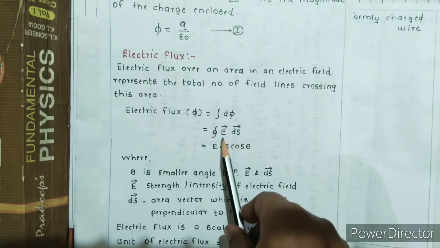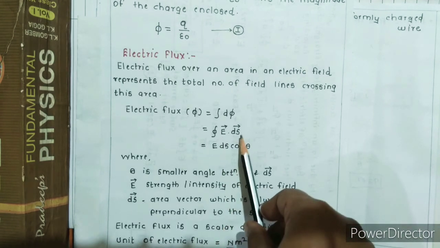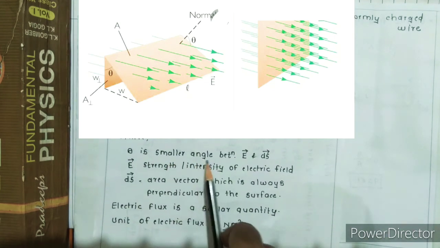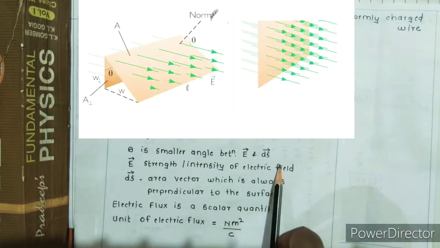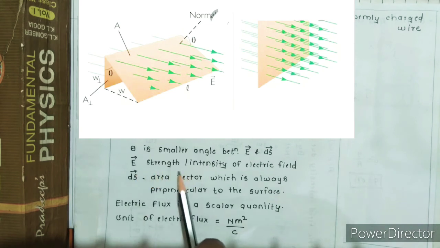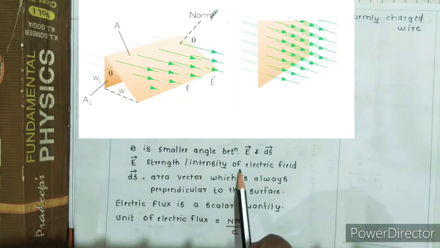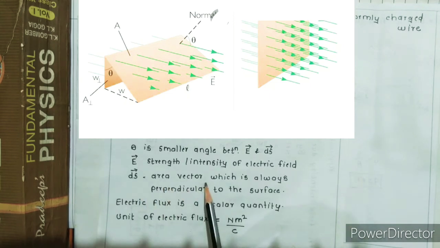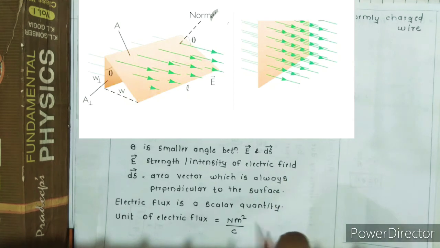That means the dot product of vector E and vector ds, where theta is the smaller angle between vector E and ds. Vector E is the strength or intensity of the electric field, and vector ds is an area vector which is always perpendicular to the surface.